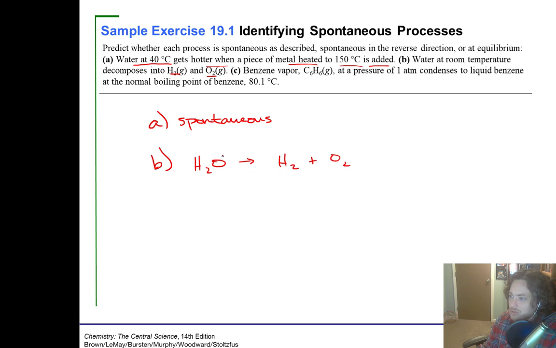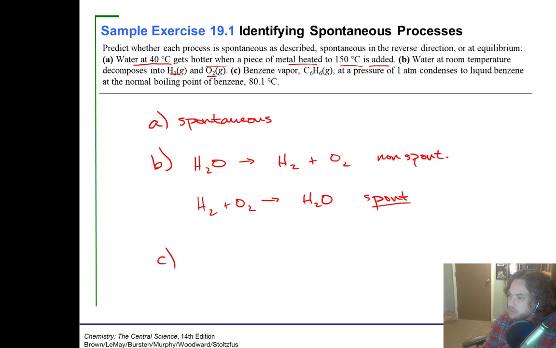I'd have to do something to this water in order to make this occur. However, going in the opposite direction, that does spontaneously occur. So it's non-spontaneous as written. But the reverse reaction, H2 plus O2 yielding water, and I know these aren't balanced, please don't hate me, this would be a spontaneous reaction.